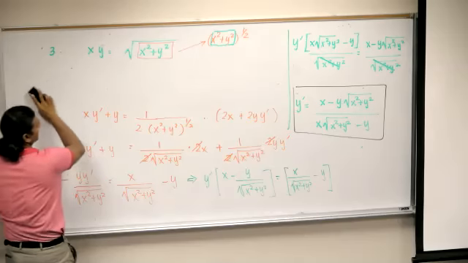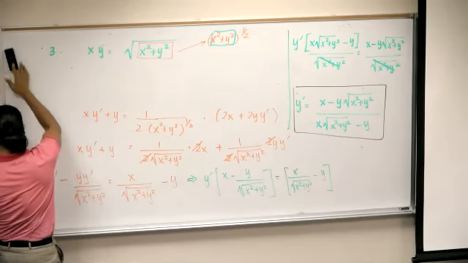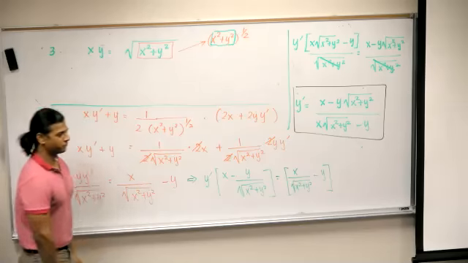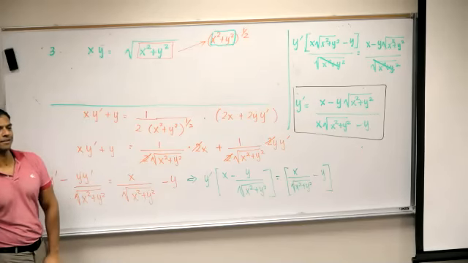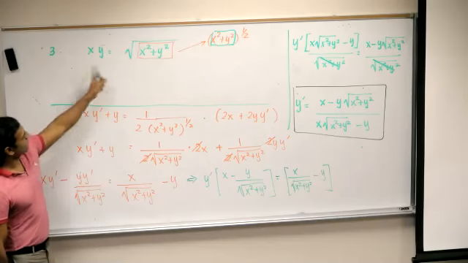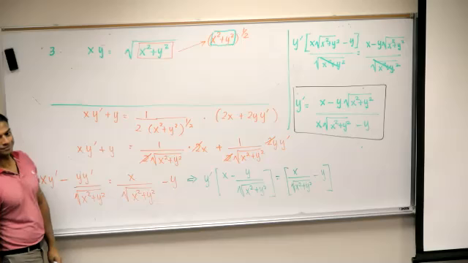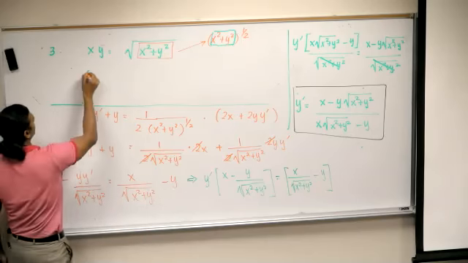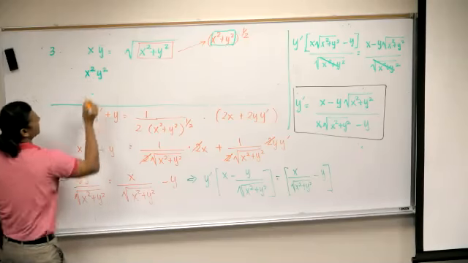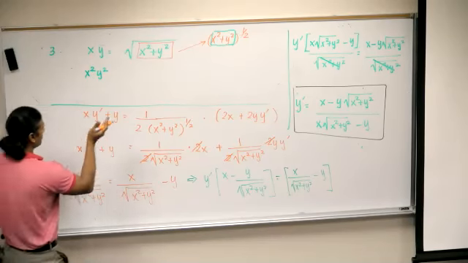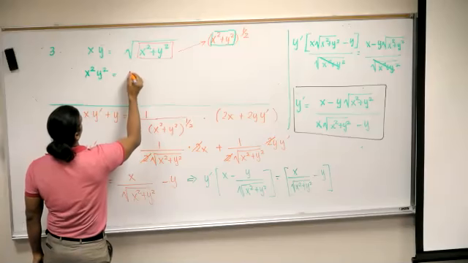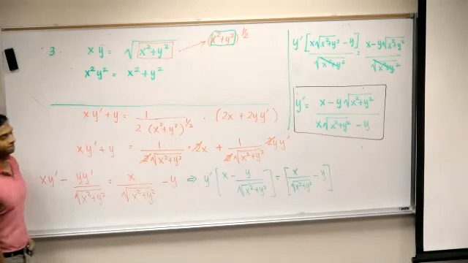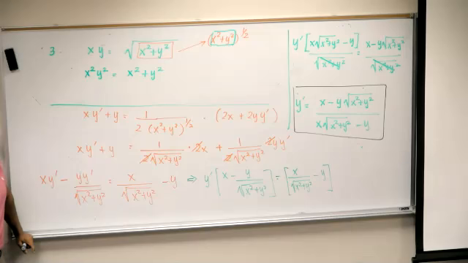So before I start, this is what I'm going to do. If at all possible, we want to get rid of the radical, correct? So how do I get rid of the radical? Square on both sides, right? So I will have x squared y squared, that would equal x squared plus y squared.